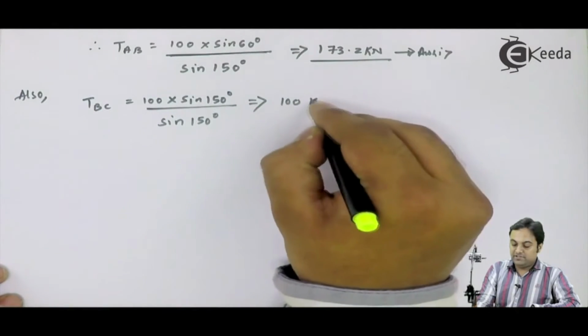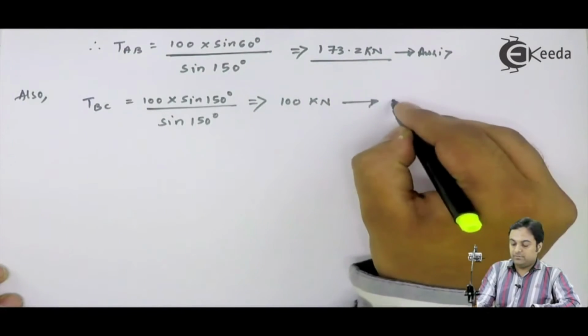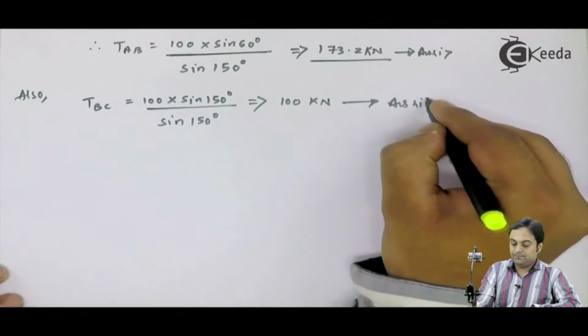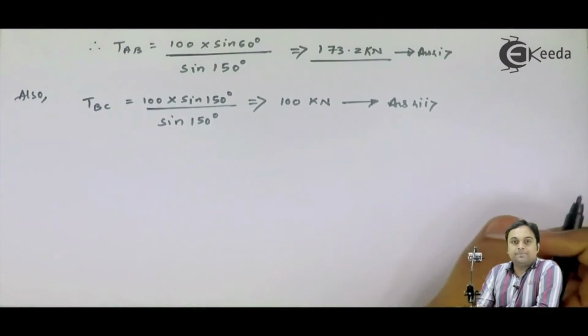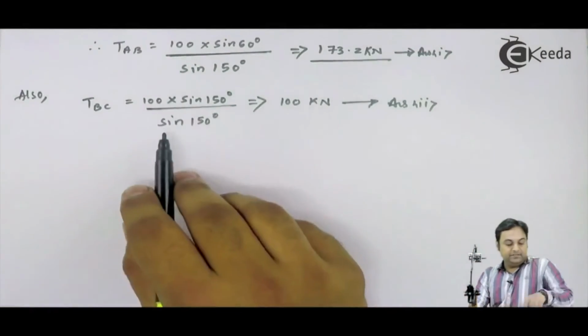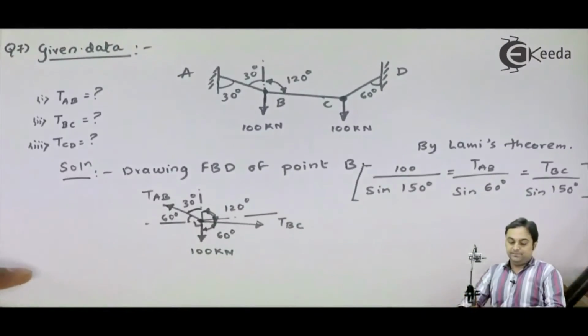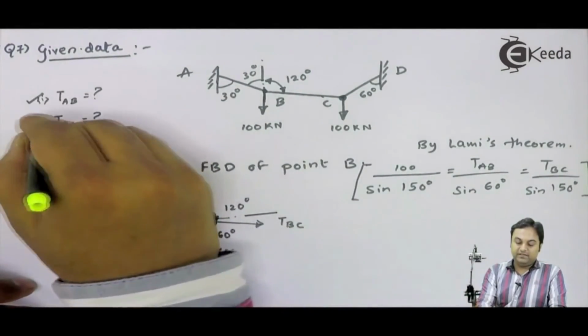I will get TBC as 100 kilonewton, my second answer. Then once we have known TAB, TBC, I can see that we have solved TAB and TBC.